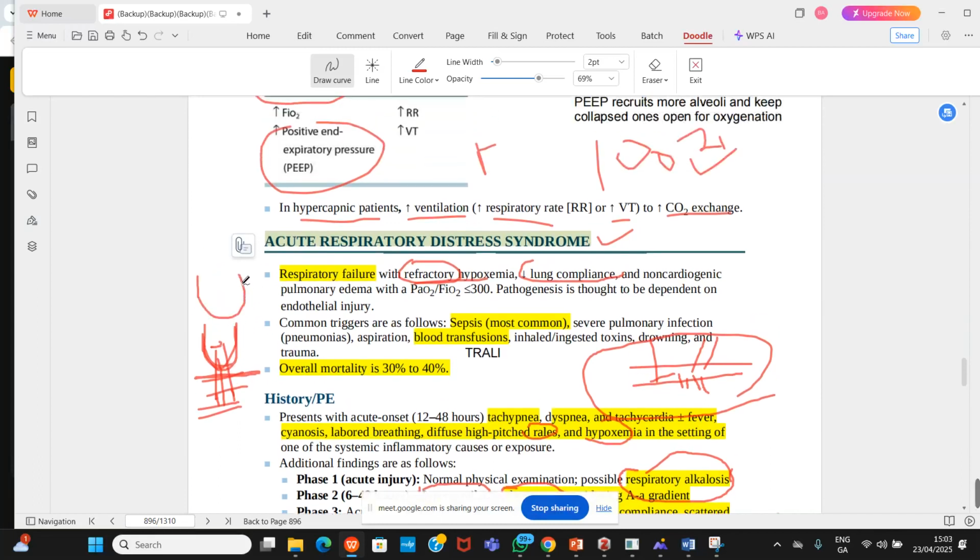So we know that there are surfactants in the lungs. And what surfactant does is help us reduce surface tension. Now, I want us to picture surface tension as a force that acts like elastic recoil. What is the direction that elastic recoil is acting? Is it inward or outward? Anybody?